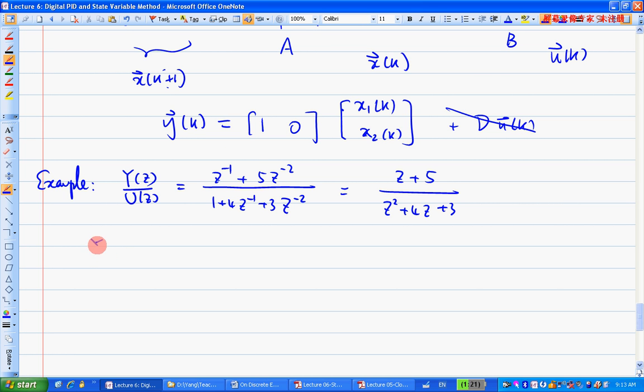So we're going to rewrite this. y of z multiplied by this denominator equals u of z multiplied by this numerator. So y of z multiplied by this denominator, what do we get? We get 4z plus 3, this, and that side.